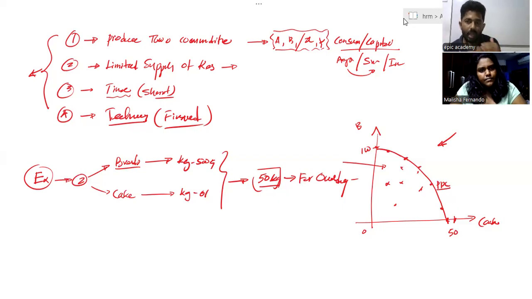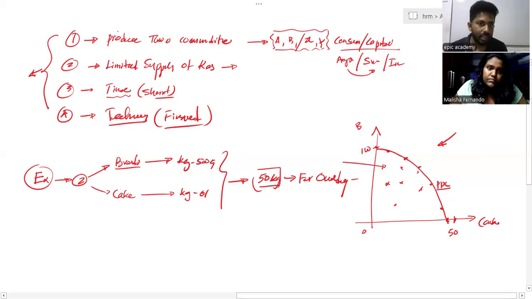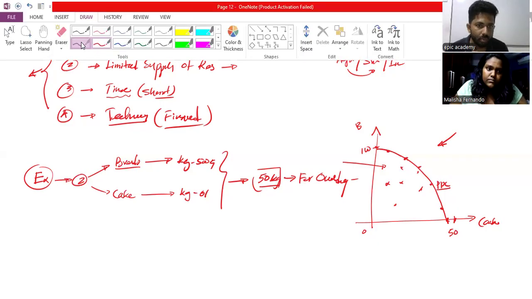We know that productivity is calculated by a practical mathematical equation: output divided by input. That means productivity equals output divided by input.